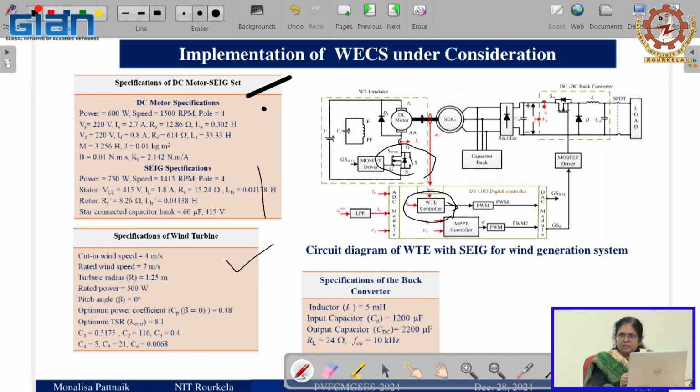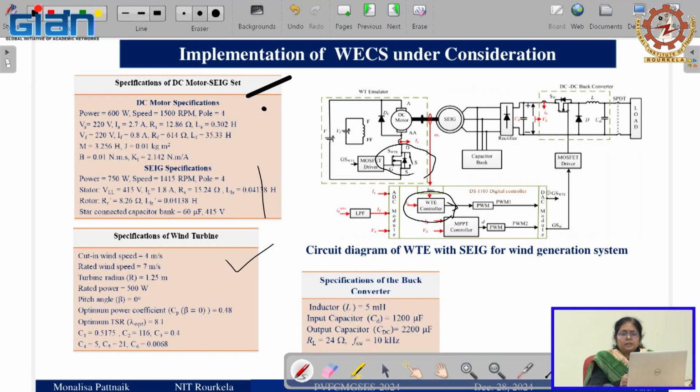You can go through them, but I am not going into the detail of those things. Then for the MPPT part also, we have several journals and transactions for this wind turbine, meaning the MPPT operation of this SEIG.